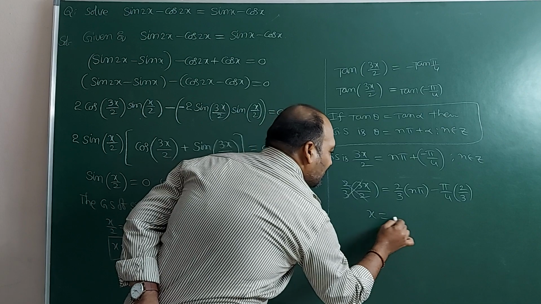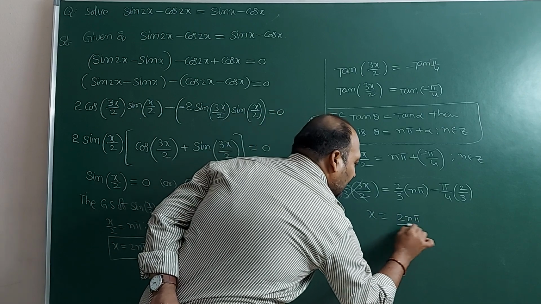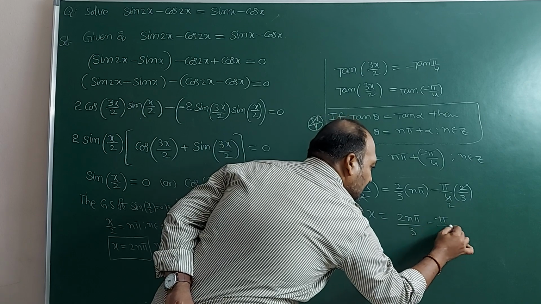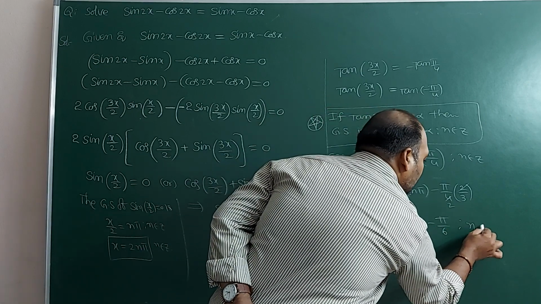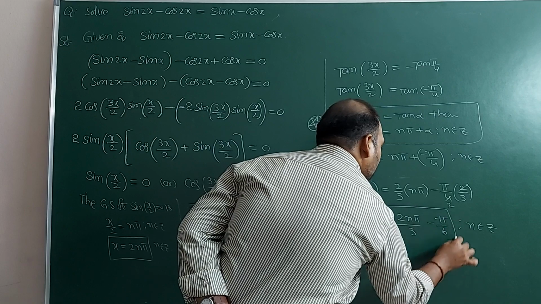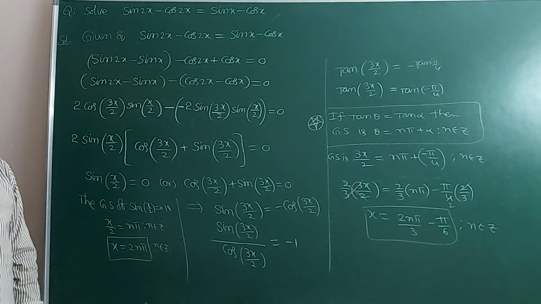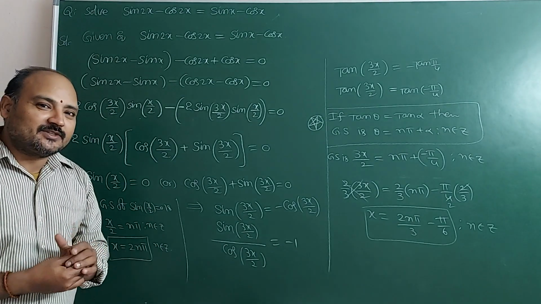So x will come 2n pi by 3 minus 2 ones 2 twos, so pi by 6. Where n belongs to z. Therefore, this is the solution of given trigonometric equation. I hope you understand it, students.